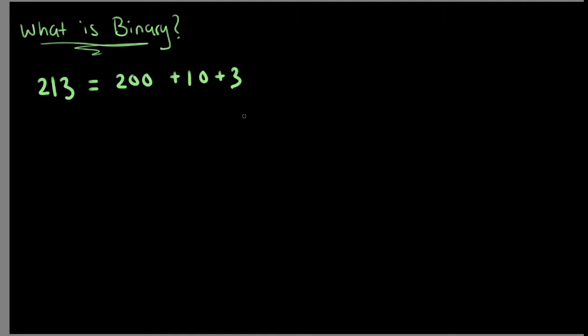So this might seem obvious, and it sort of is, but it's important to think about why this works. Essentially what we're saying is that this is 2 times 100 plus 1 times 10 plus 3 times 1. And this is more generally true for all numbers.